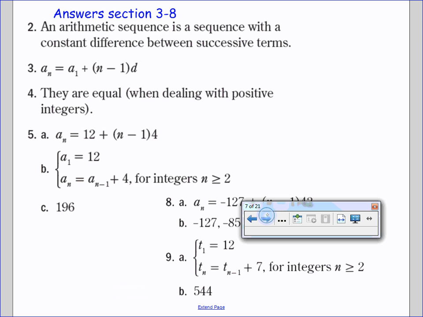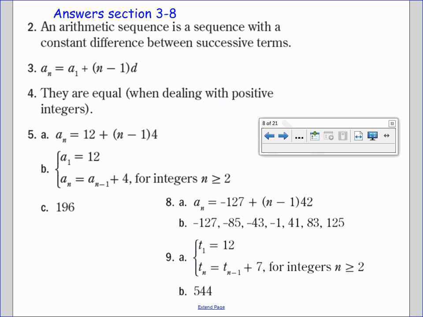And 3-8 exercises. And so I'll be advancing, so make sure you're checking.